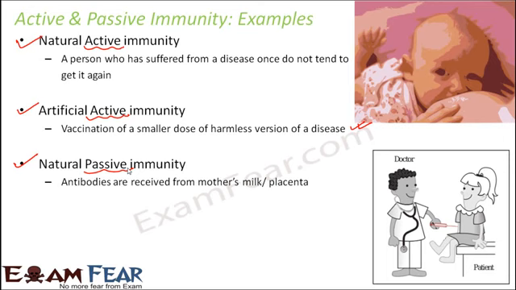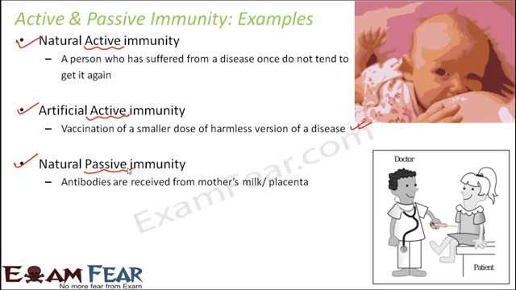So in this case, you see it is passive immunity, because the antibodies are not being formed inside the body of the baby. It is being formed somewhere outside, that is the body of the mother. So it is passive immunity, but at the same time, it is not forcefully injected. So it is a natural process. The baby will feed on mother's milk, that is a natural process, and during this process itself, the antibodies will get transferred inside the baby's body. So this is one example of natural passive immunity.